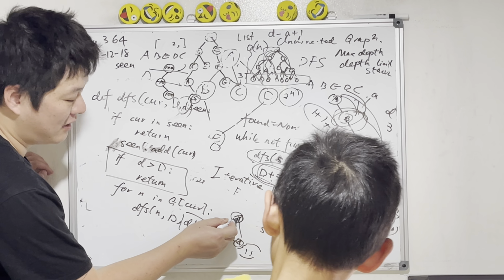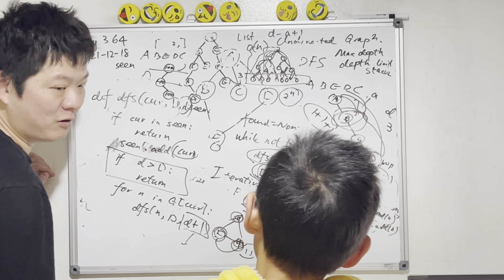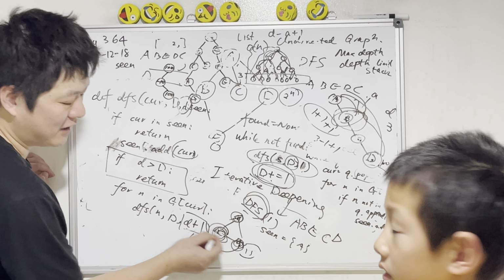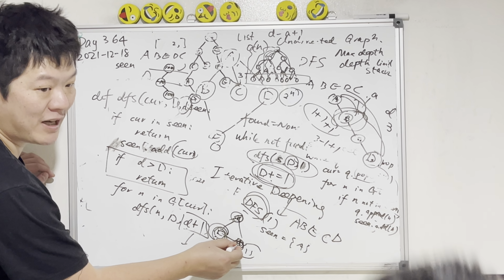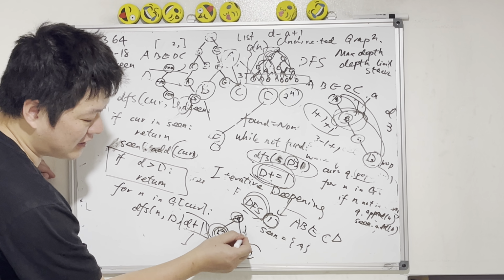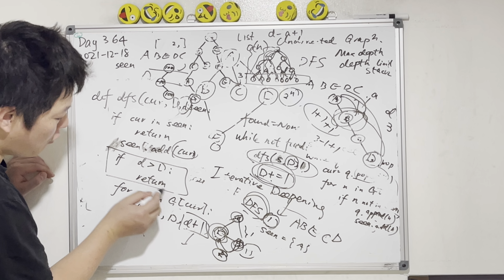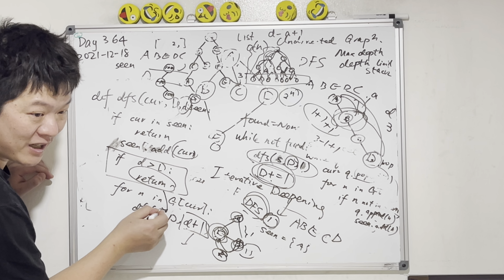The pure depth search does not guarantee the shortest path, because AC is the shortest path, but pure depth search will go A, B, C, which is not optimal. With the depth limit, starting at 1, I find AC because from B I can't continue. It exceeds 1. If I go here, the distance will be 2, and it returns here. It doesn't continue. Make sense?